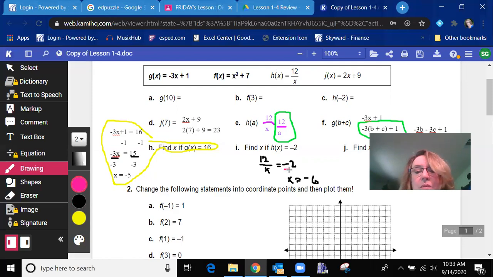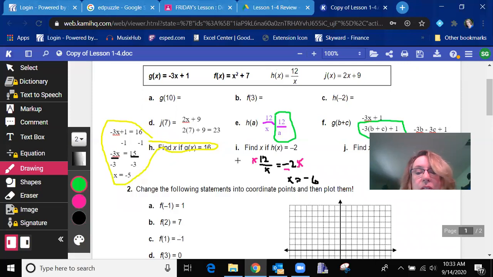There's a couple of ways to work this one, but basically you can't work with the x this way. So what I want to do is multiply this by x and this by x.